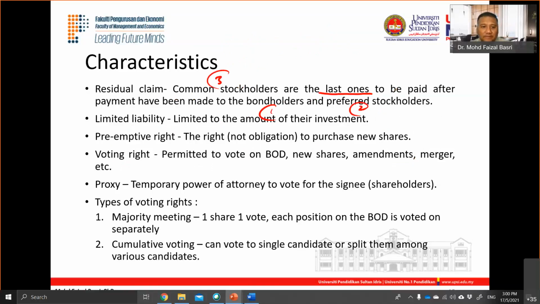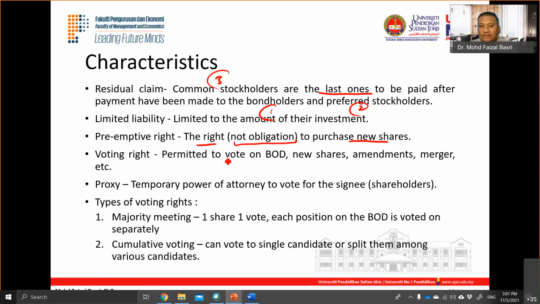Okay, in terms of preemptive rights, remember, similar to preferred stockholders, they have the right to purchase additional shares, but this is not an obligation. This is not compulsory. So current common stockholders have the rights, but not obligation. Another thing we've discussed earlier is voting rights. Yes, common stockholders have voting rights.